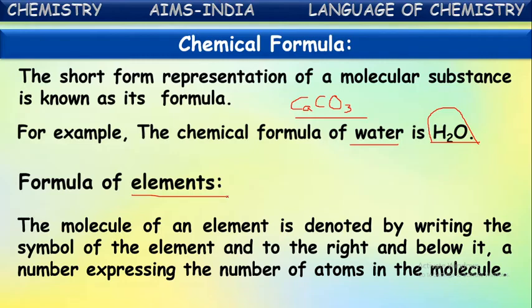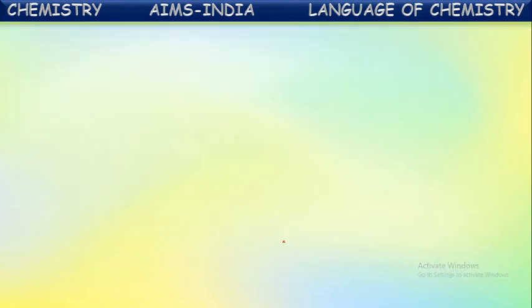So its molecule can be represented in the formula by writing the symbol of that element, along with a number at the right below side of that symbol, which represents the total number of atoms present in that molecule.